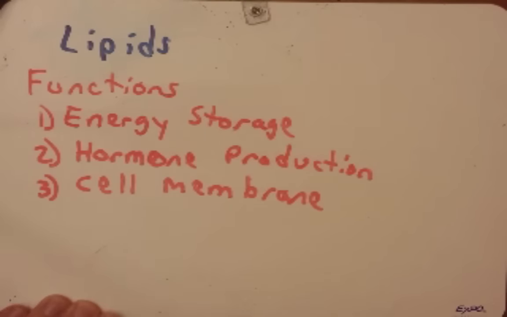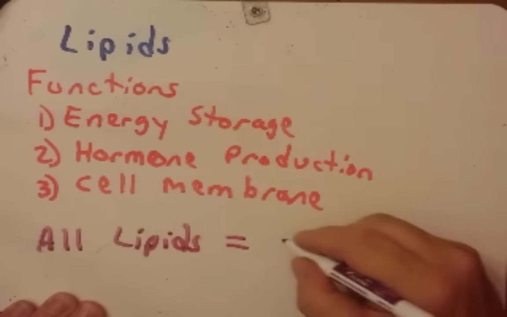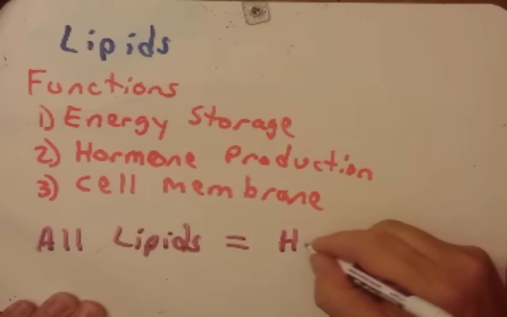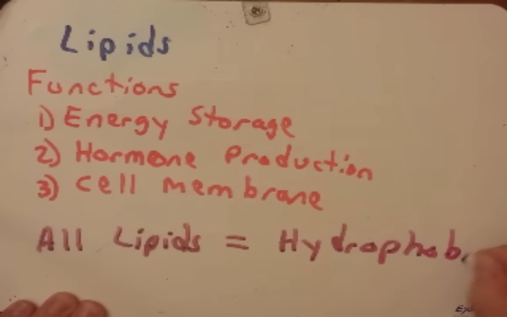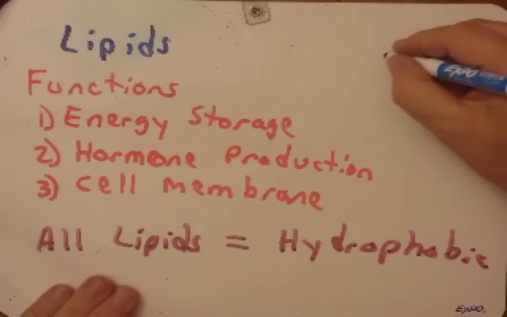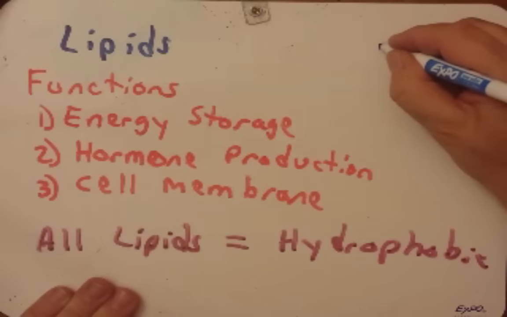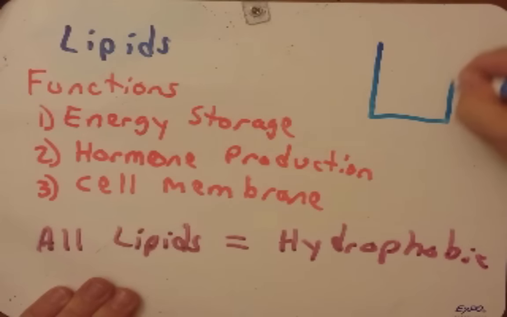Now, one common characteristic of all lipids is that they are all hydrophobic. You've probably seen an example of this if you've ever had a cup and mixed water and oil in it.